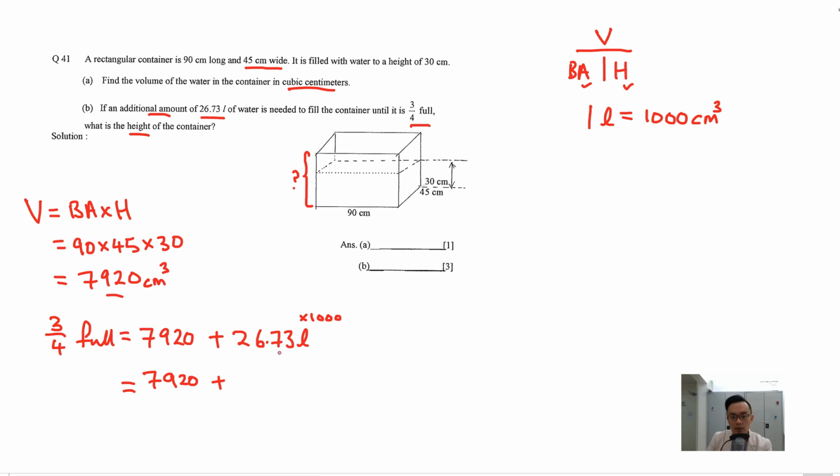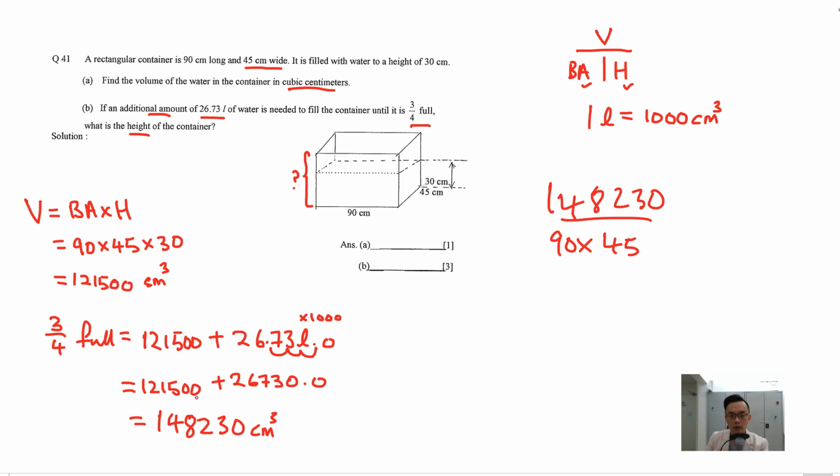Wait a minute, I got this one wrong. The original volume is actually 121,500 cubic centimeters. So I need to change this as well. Okay, so if you add up both, it equals 148,230 cubic centimeters.